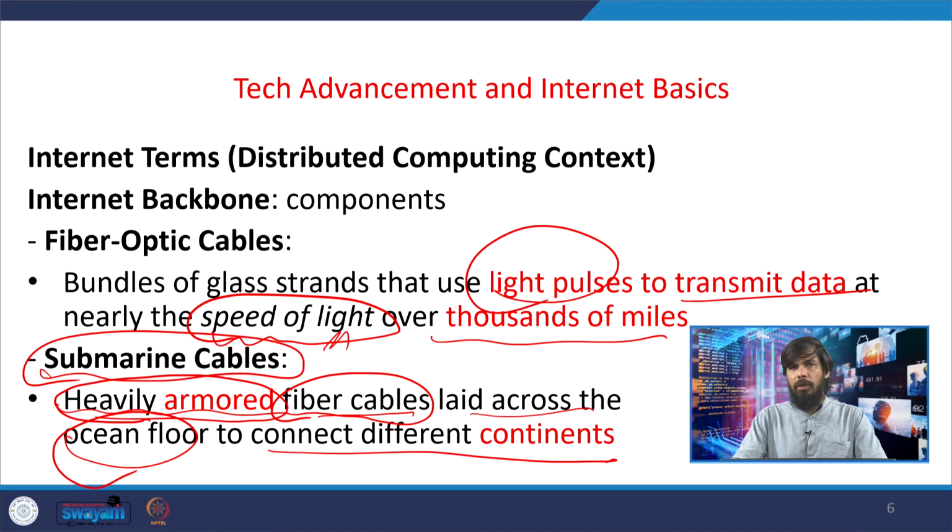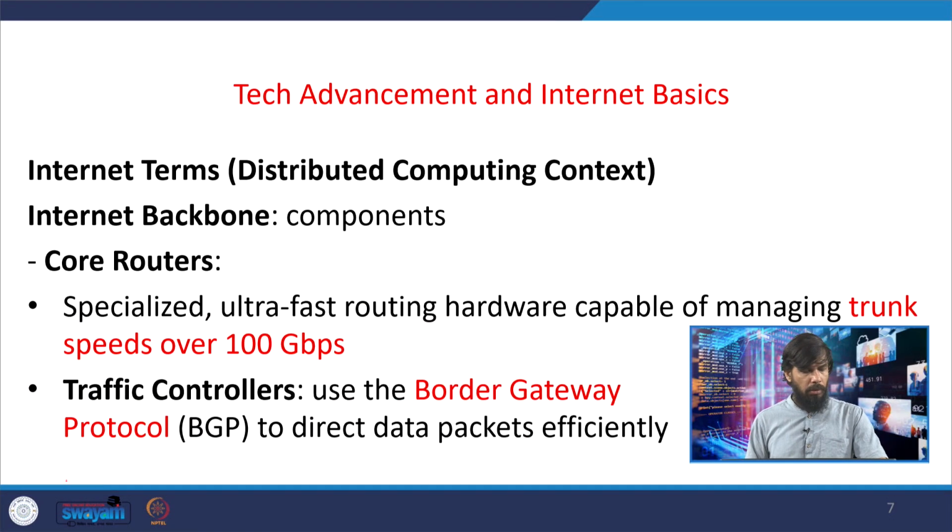Many ship components which sink might have sharp edges and might cut these submarine cables, and eventually affect the internet backbone. The connectivity to the continent might go away, right. Therefore, these are heavily armored to meet that eventuality.